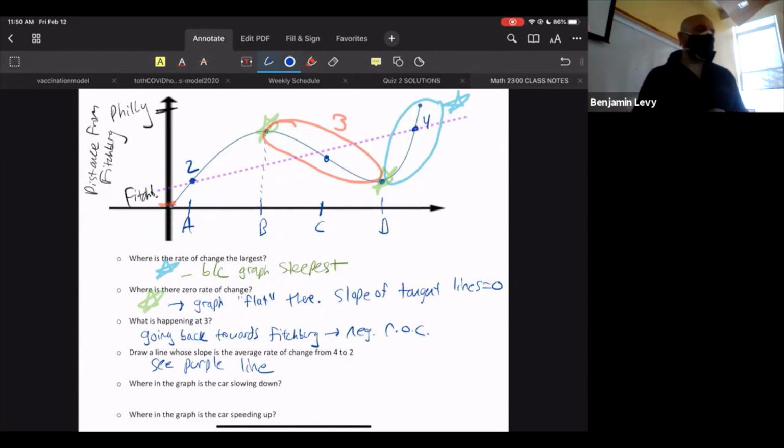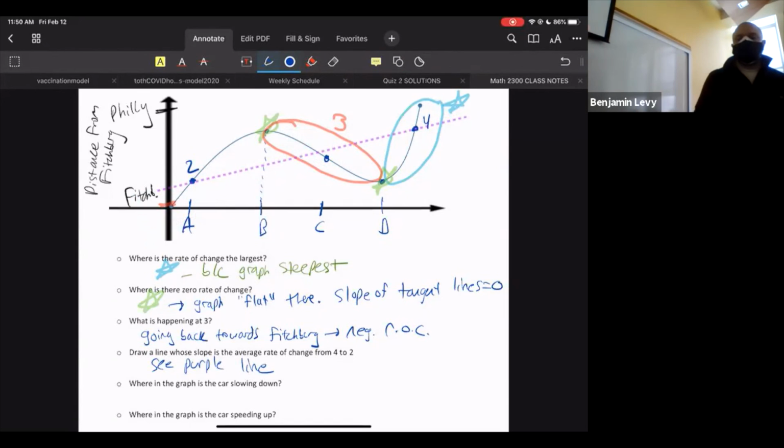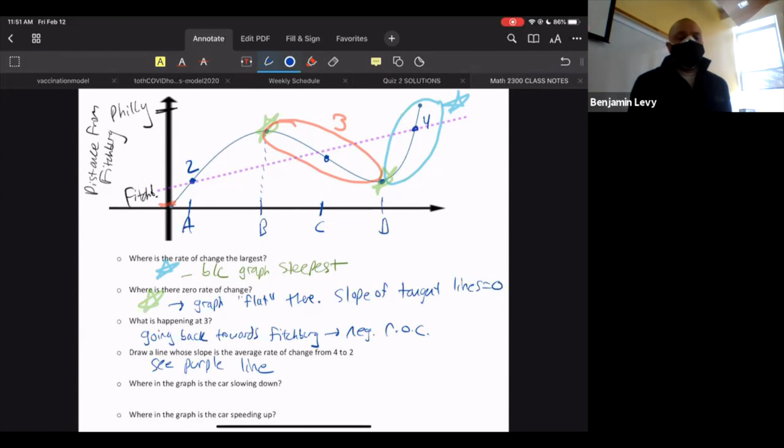All right, the last two questions are also relevant for what we're doing in the future here. So the last two questions are, where is the graph slowing down? And where is the graph speeding up? I'm sorry, where is the car slowing down and where is the car speeding up? How can we tell if it's slowing down or speeding up? What do you think about that, John?